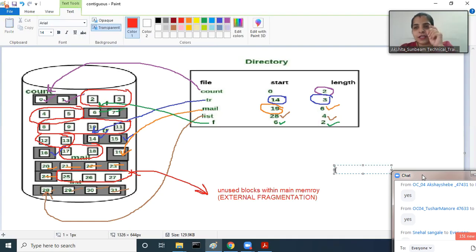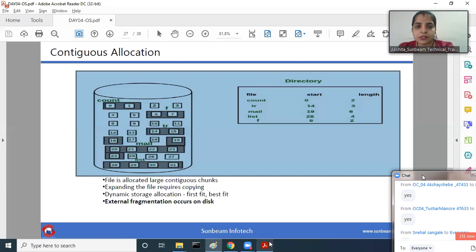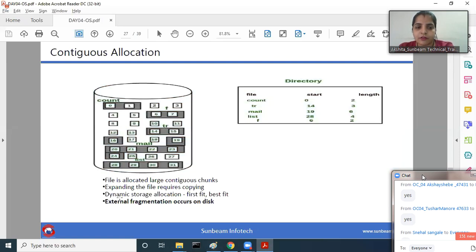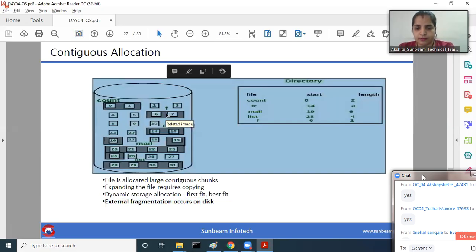Yes. So in case of contiguous memory allocation, if now a file has come which needs 5 blocks, then I cannot allocate it in 2, 3, 4, 5, because contiguous means it must be found continuously. That is called external fragmentation. So contiguous memory allocation faces which problem? External fragmentation problem.